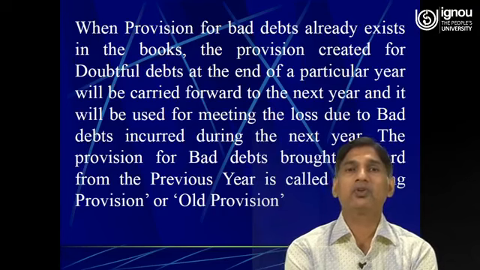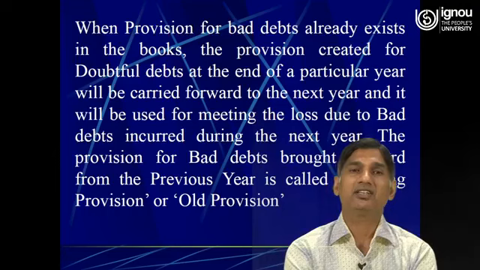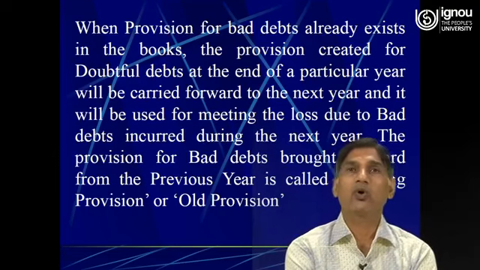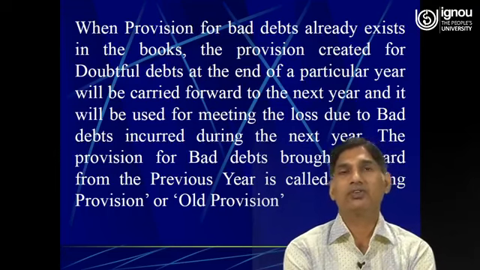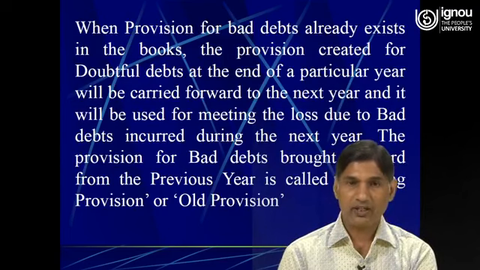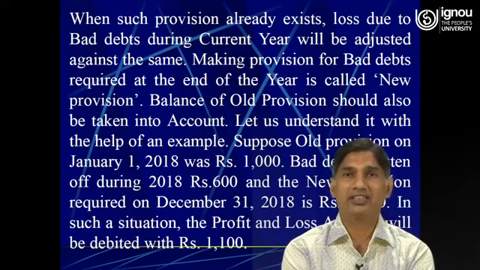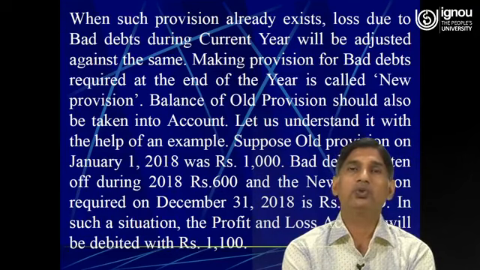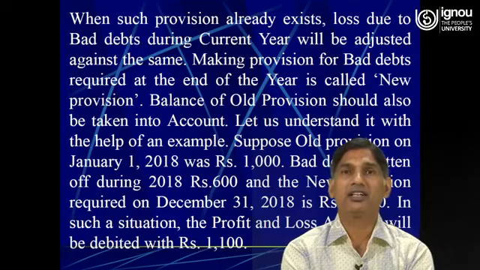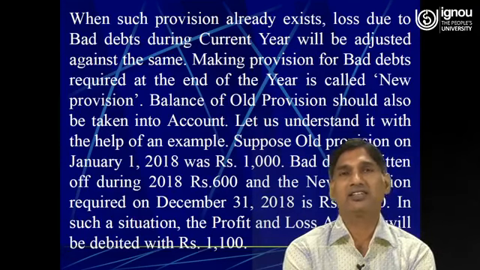The provision for bad debts brought forward from the previous year is called opening provision, or we can call it old provision for bad and doubtful debts. When such provision already exists, loss due to bad debts during the current year will be adjusted against the same.